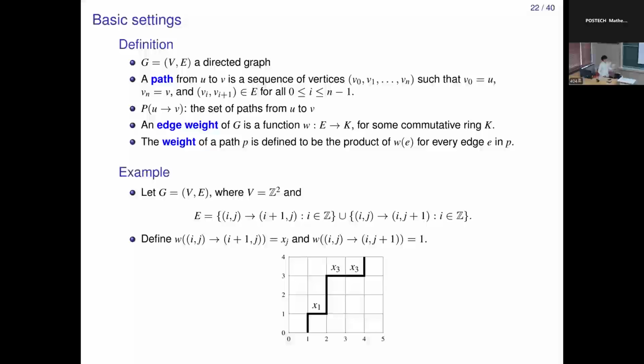So here is a path from (1, 0) to (4, 4). Because we have horizontal steps like this, whose weights are x1, x3, x3, the weight of this path is x1 times x3 squared. Okay, so this is the setting.